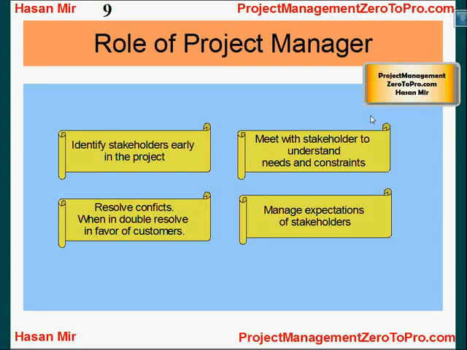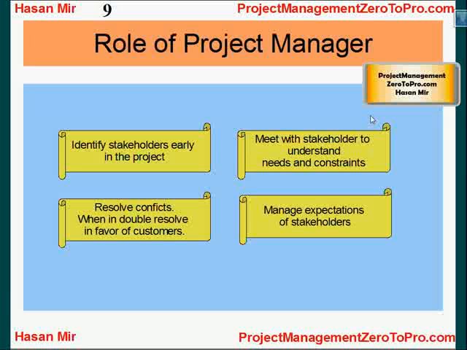The project manager will basically be doing mainly these four things. Early in the project, the project manager would be identifying all the stakeholders. If he misses one or a few stakeholders and we are deep in the project, then it is a failure. So it's very important to identify all the stakeholders early in the project.